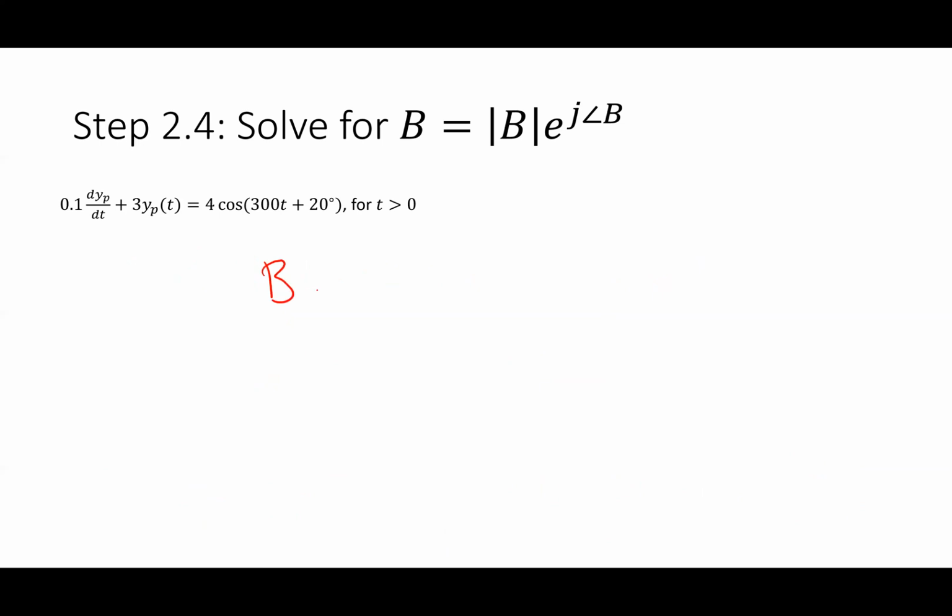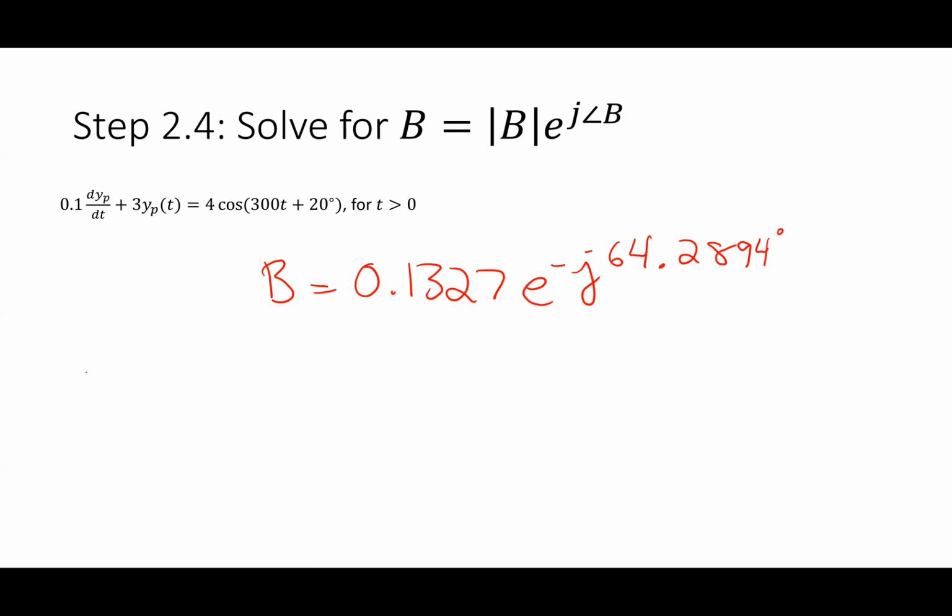So B is 0.1327 e to the negative j 64.2894 degrees. This was a static phasor, we said.